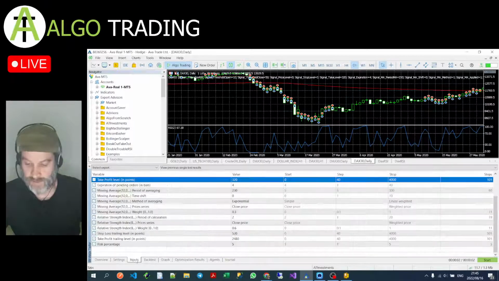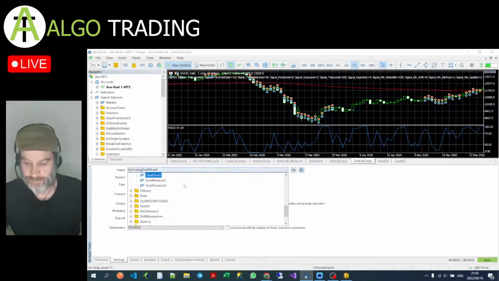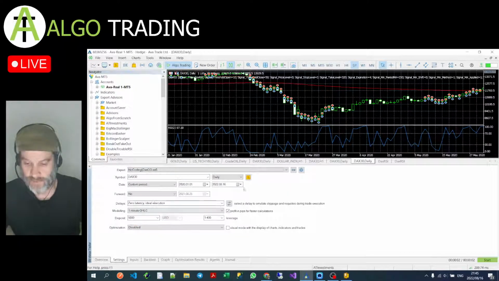Right. Let's test out our RSI. Results are not great with the RSI, so let's test out the CCI. We can do it for the same period. Let's start on the H1 chart. Fast genetic based algorithm.